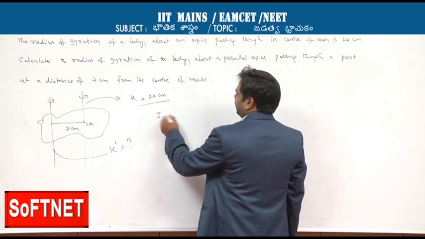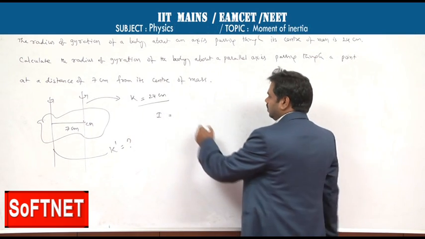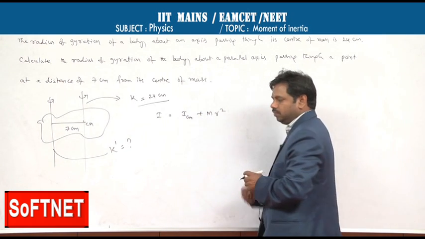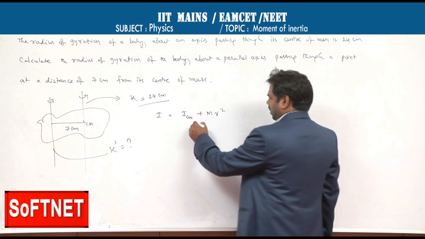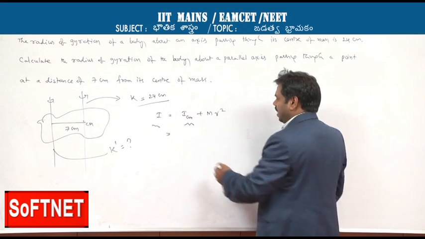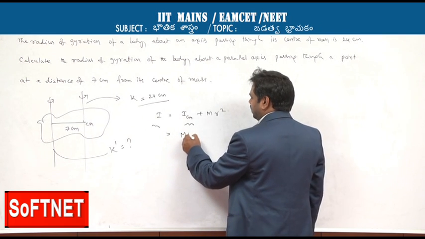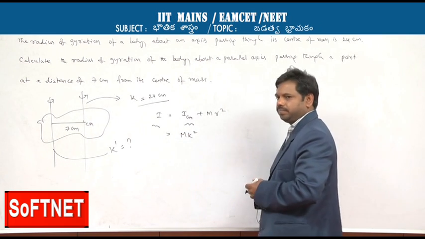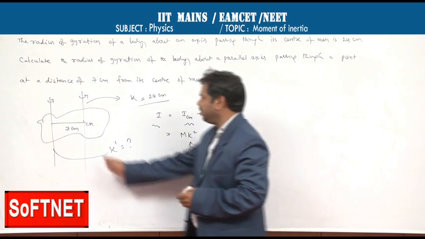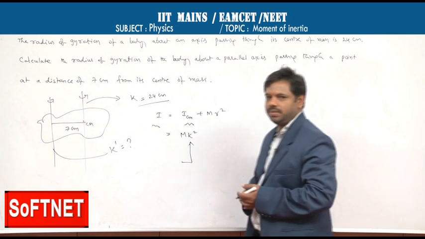Parallel axis theorem states what? I is equal to ICM plus Mr square. You know that already the moment of inertia of a rigid body can be written as mk square. And here k is equal to the radius of gyration with respect to an axis passing through the center of mass.